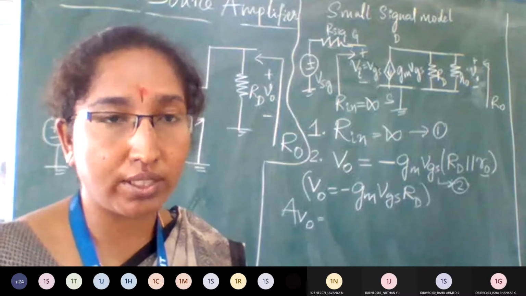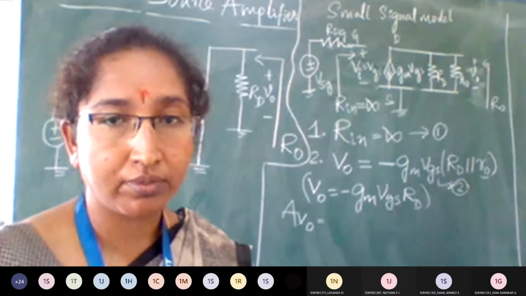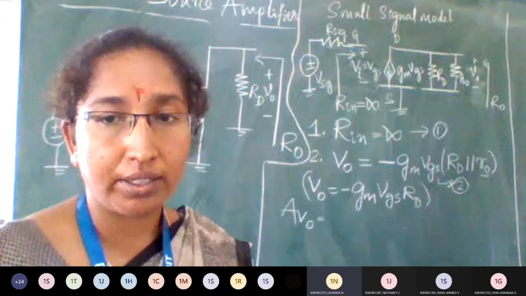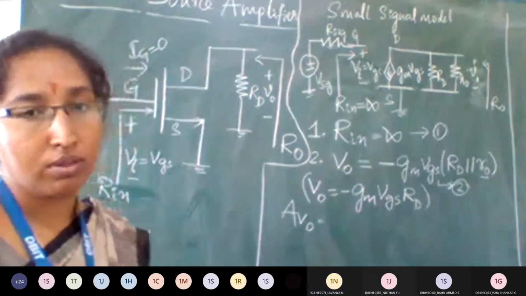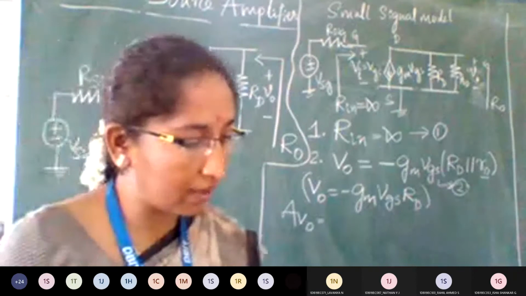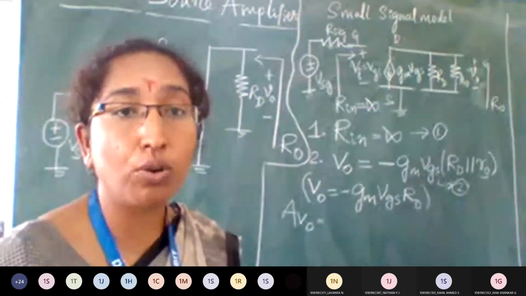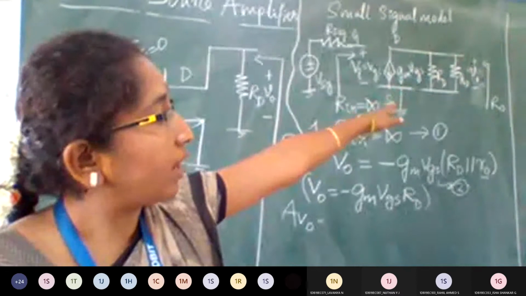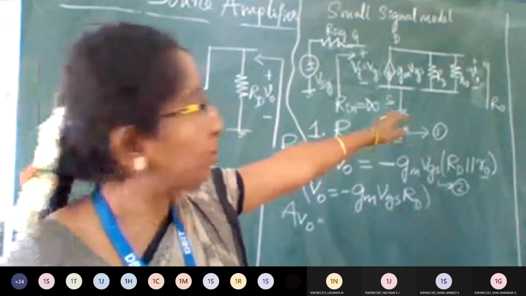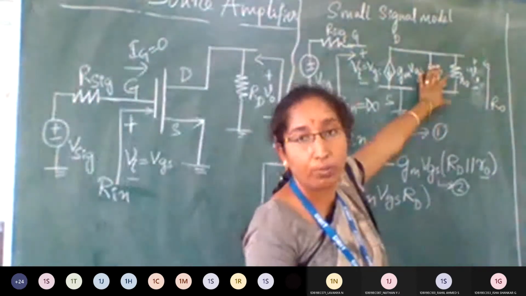Did you find anywhere a load resistor? RL, did you find RL? No. So the load resistor is always going to be connected towards the output, which means the load resistor will come in parallel with RD and r0. I'm supposed to include the load resistor towards the output.